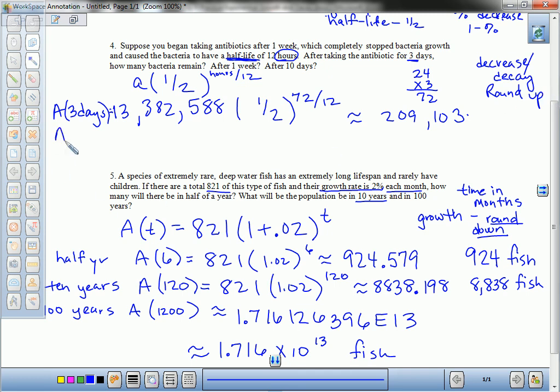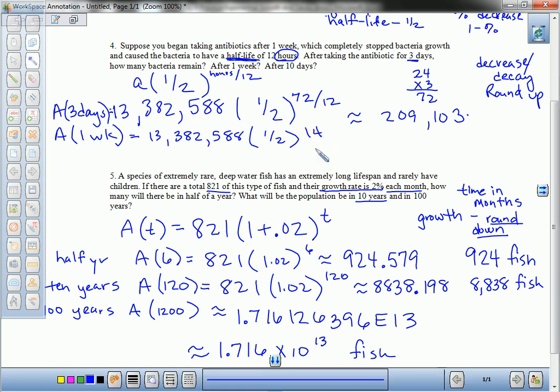Okay, so the next one is after 1 week. So if we started out with 13,382,588 bacteria, 1 week is how many hours? 168. So we take 24 times 7 is 168. And 168 divided by 12 is 14.